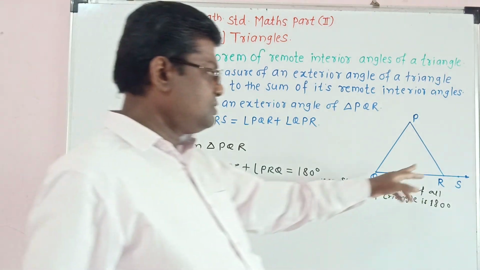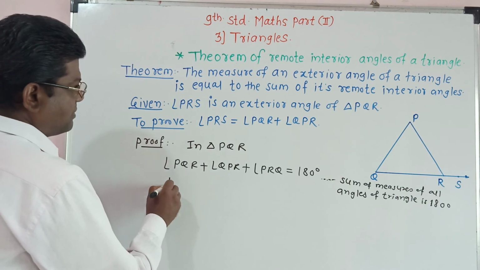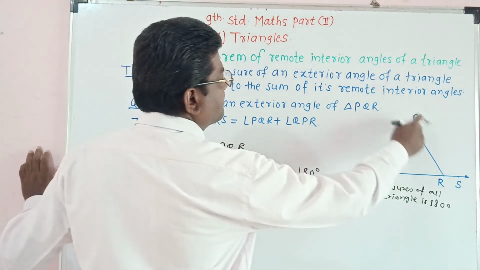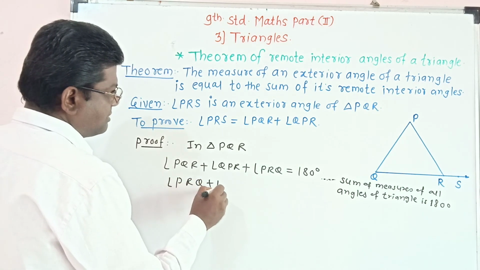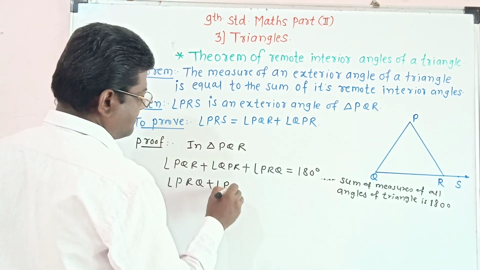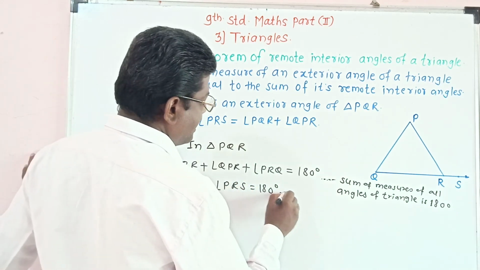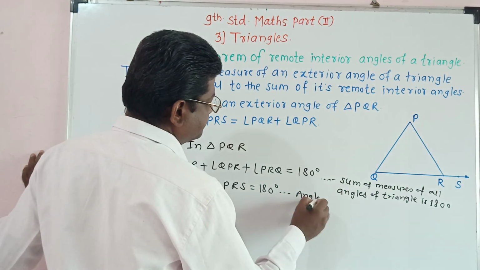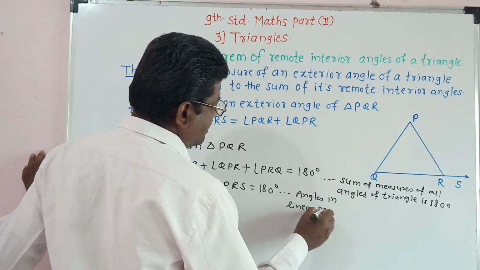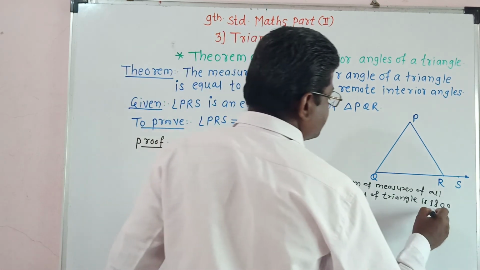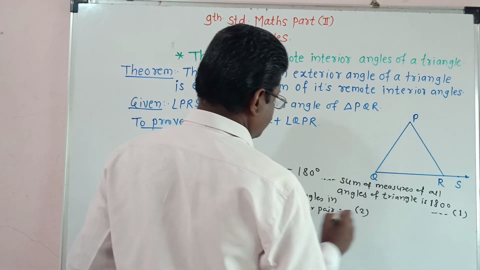Now these two angles are angles in linear pair, therefore angle PRQ plus angle PRS is equal to 180 degrees. Angles in linear pair. Let this be equation number 1 and this be equation number 2.